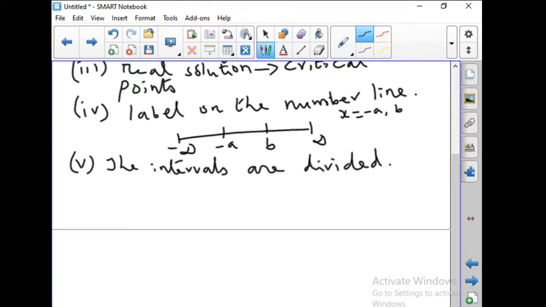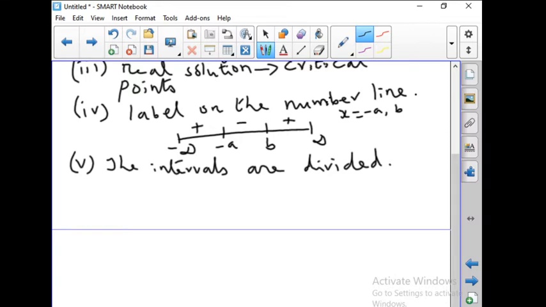Right side is plus infinity, so start from here and always write plus here. The next interval will be minus and the next interval will be plus. Always remember, always start from the right. The first interval will be plus, then minus, then plus. If you have one more, it will be minus. Alternatively you give plus and minus.